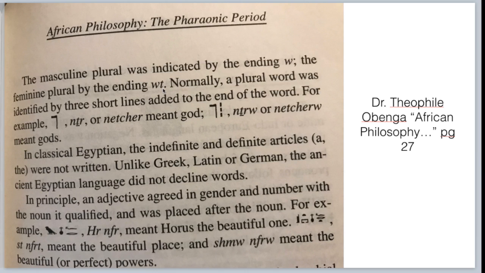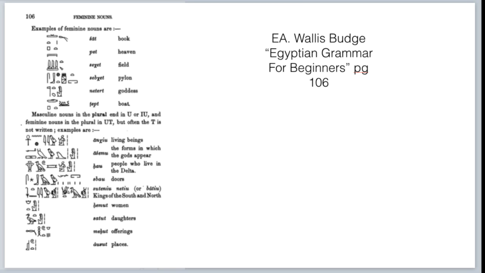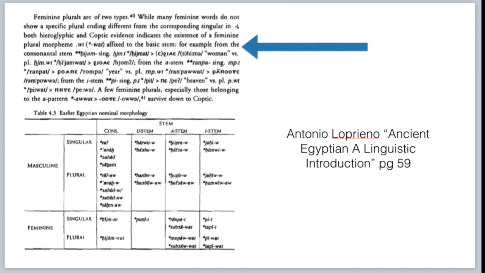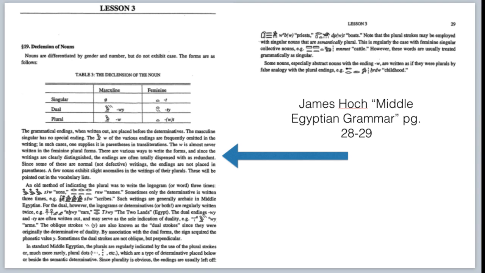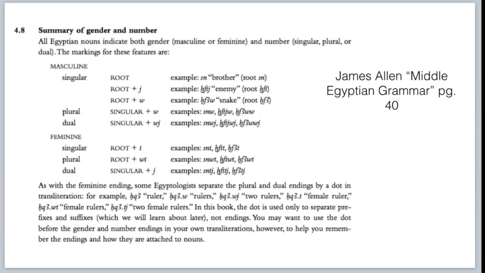The point here is that Dr. Theophile Obenga, Dr. Raketi Amin, Ankh Ra, Sir Wallace Budge, Antonio Loprieno, James Hoch, Sir Alan Gardiner, and James Allen all agree that the feminine plural ends with WT and not TW.